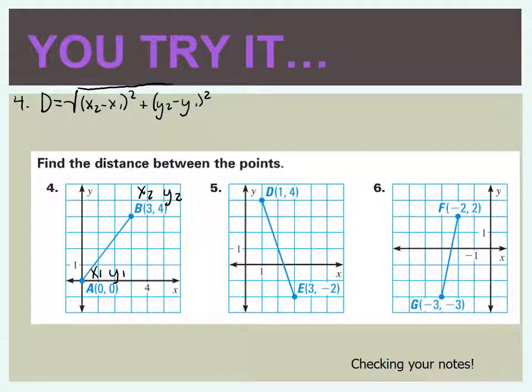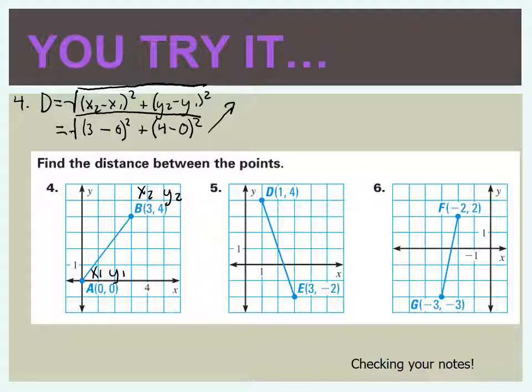All we're going to do is plug our numbers in and simplify. So d equals the square root of x2, which is 3, minus x1, which is 0, squared, plus y2, which is 4, minus y1, which is 0, squared. And again, all of this is underneath our radical symbol.